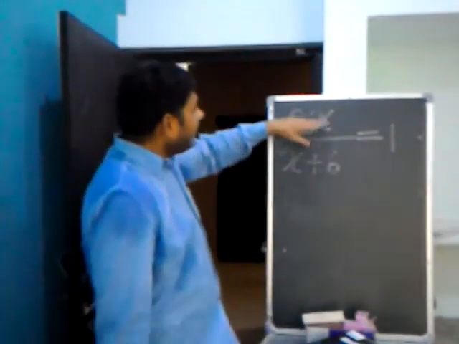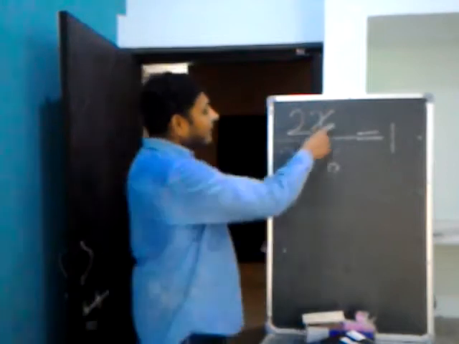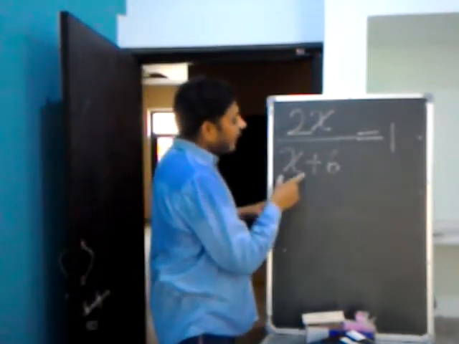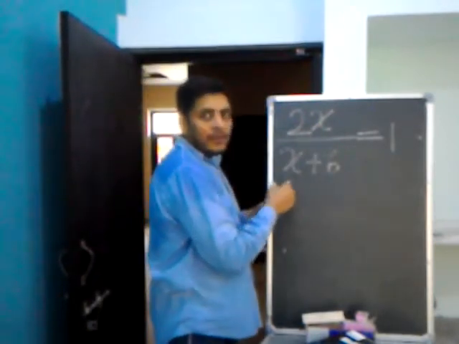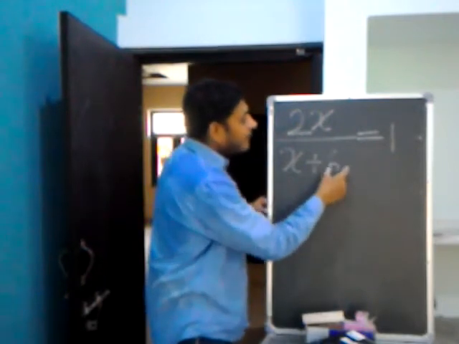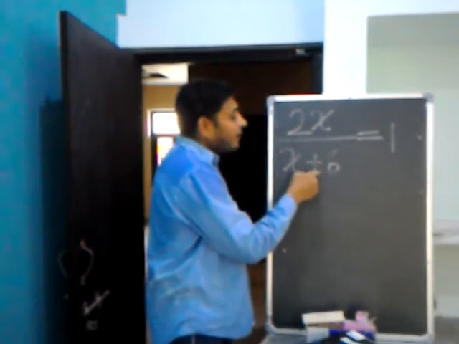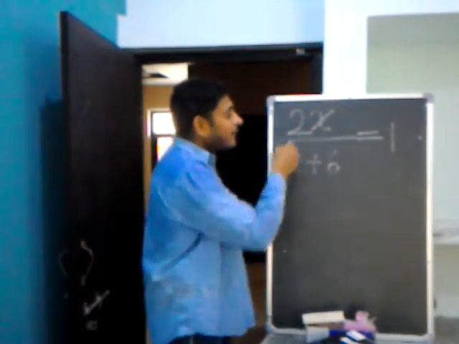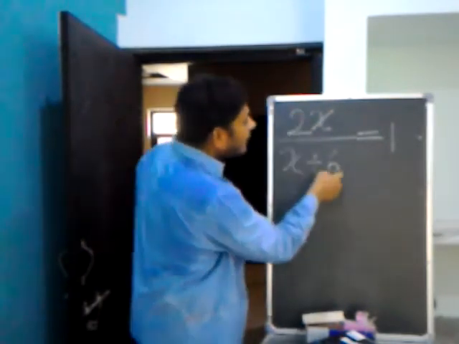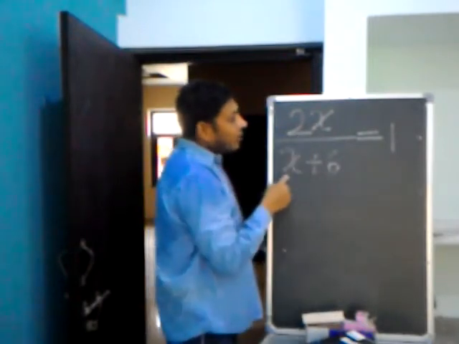What does it mean? I cannot divide this x and this x because here x is common, but here is another factor, 6, and between them there is a plus sign, so I cannot divide this and this, and I cannot divide 2 and 6 because again 2 cannot divide x.